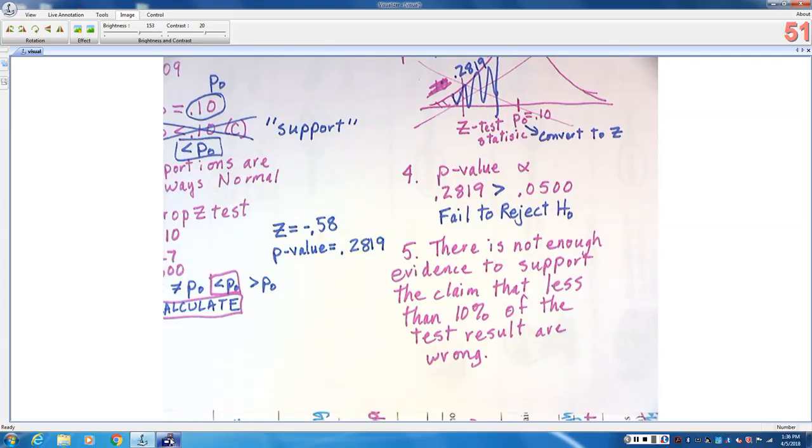The numbers are very close to z or t, but they're very close. X bar is not that much different than 100, so the answer might be very similar.